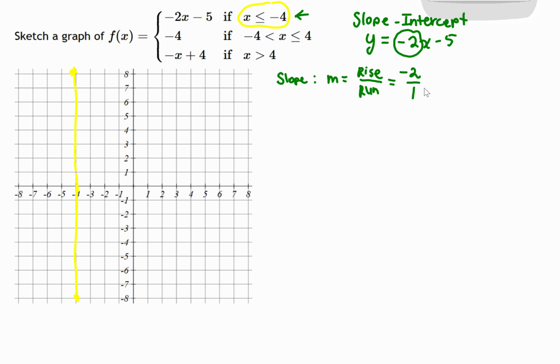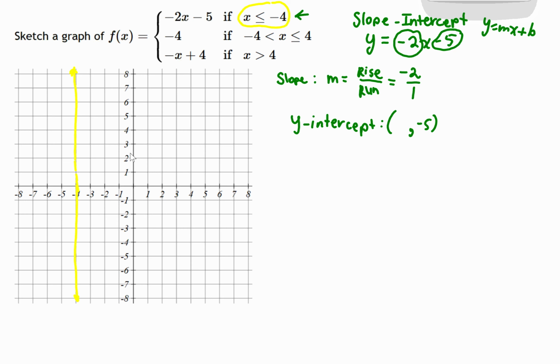But from where? That brings us to the other number here, which, if we remember y equals mx plus b, the b, the constant, is always the y-intercept. Now, a nicer way to say that might be the y-coordinate of the point where the line crosses the y-axis.